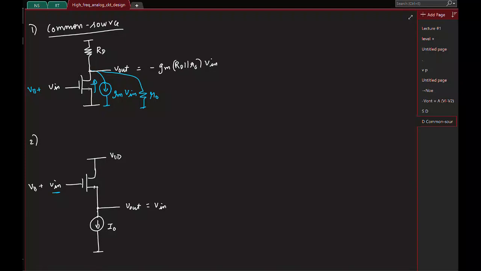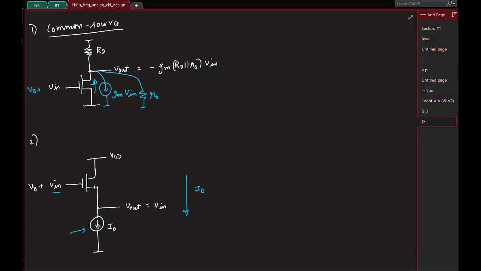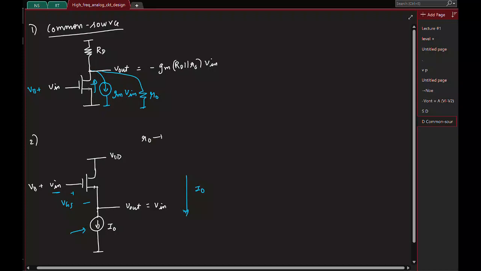Okay, see here you don't even have to go to small signal, right? Here, what is the current flowing through the transistor? I0. That is fixed by this current source. Irrespective of what input you apply to the gate, the current is fixed to be I0. For a fixed current I0, you need a particular gate to source voltage. Okay. So here let's assume R0 is infinity. So the current is basically determined only by the gate to source voltage.